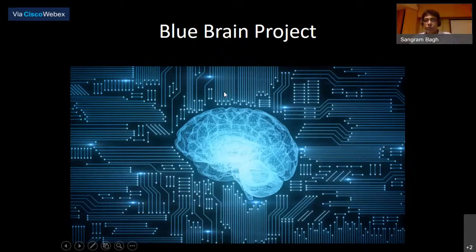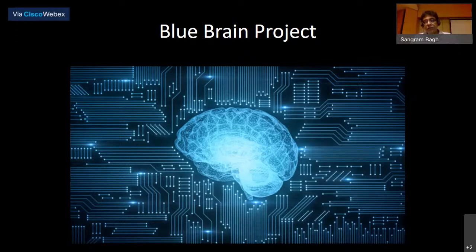It was developed at the Ecole Polytechnique in Switzerland, a Swiss institute, along with IBM. Their idea is to develop a connectome of the brain and simulate it in computers in exactly the way the brain does it.